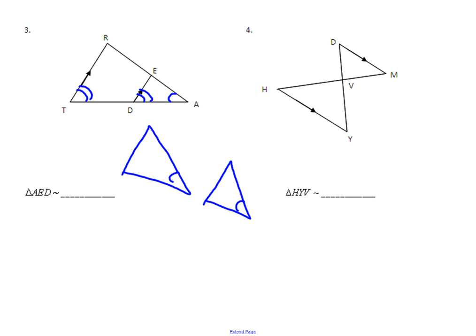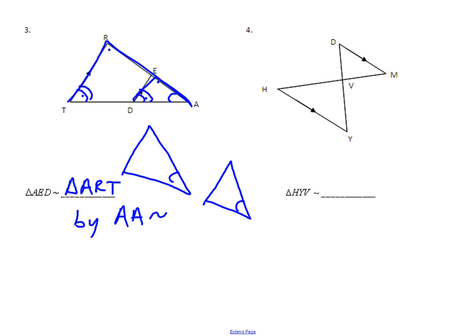So AED and triangle ART by, again, angle similarity. But again, I have different markings. And I could have used, instead of the T and the D, I could have used the E and the R, or the R and the T.